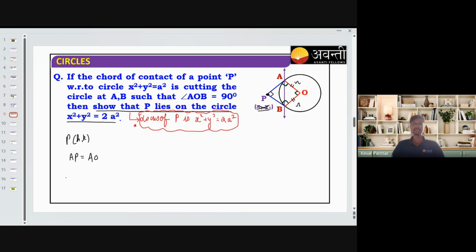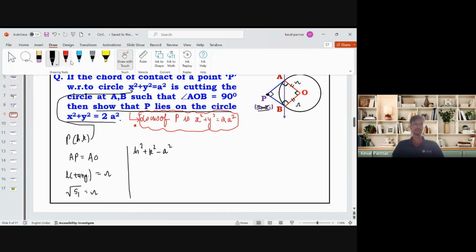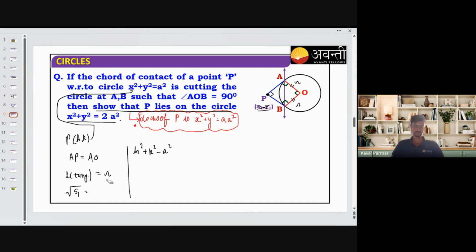AP is the length of the tangent, I hope you remember, and AO is the radius. The length of the tangent is root S1, which equals R. I hope you know what root S1 is. Root S1 means we substitute the point in the equation of the circle. So we'll get h square plus k square minus a square. Sorry, the radius given is a.